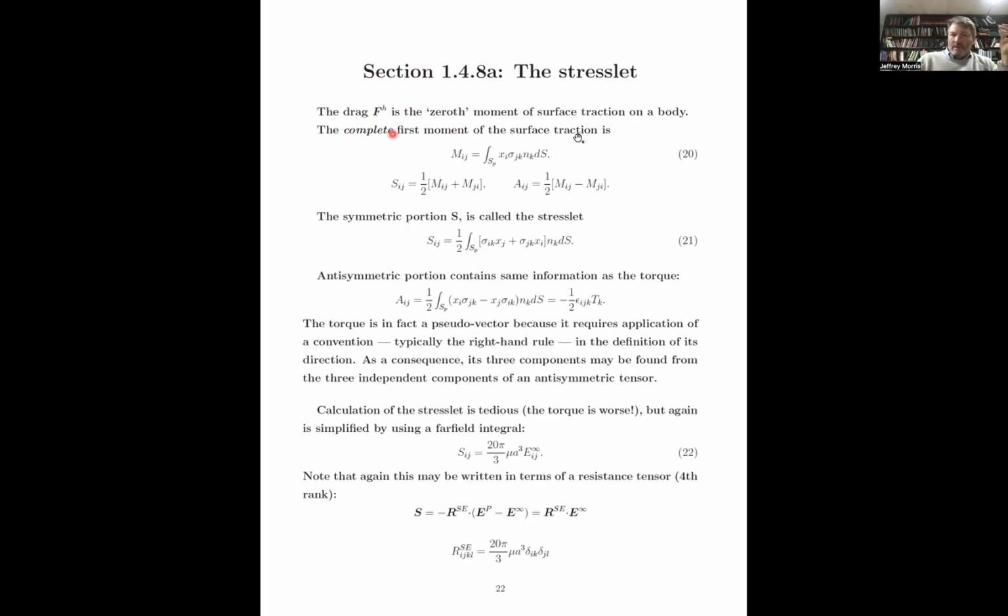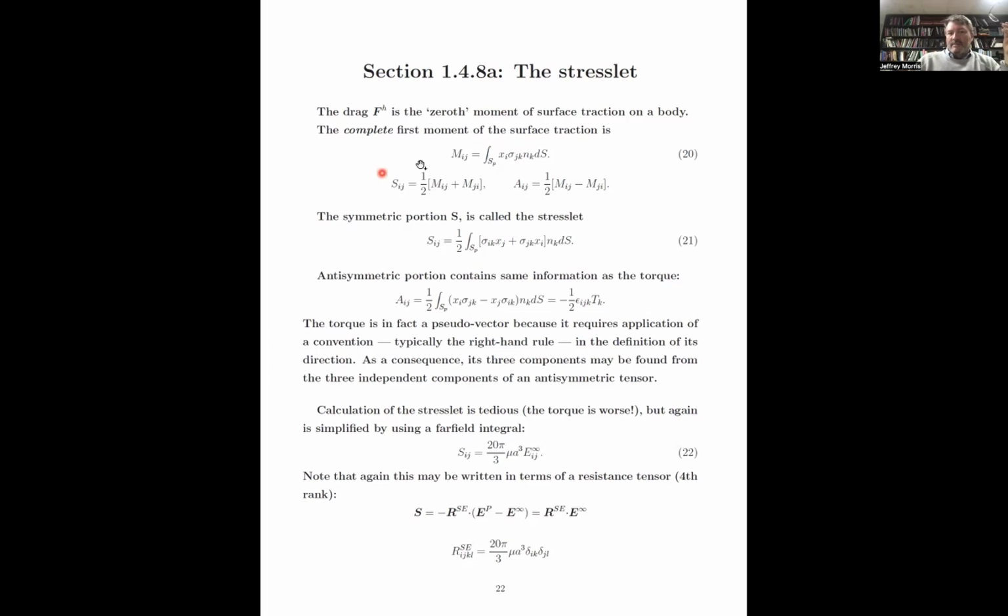The first moment of that surface traction distribution around the surface can be written this way, so that I take sigma, sigma dot n is the traction vector locally on the surface of the particle. And then I take a moment of the position vector x of that traction. So I get 2 parts.